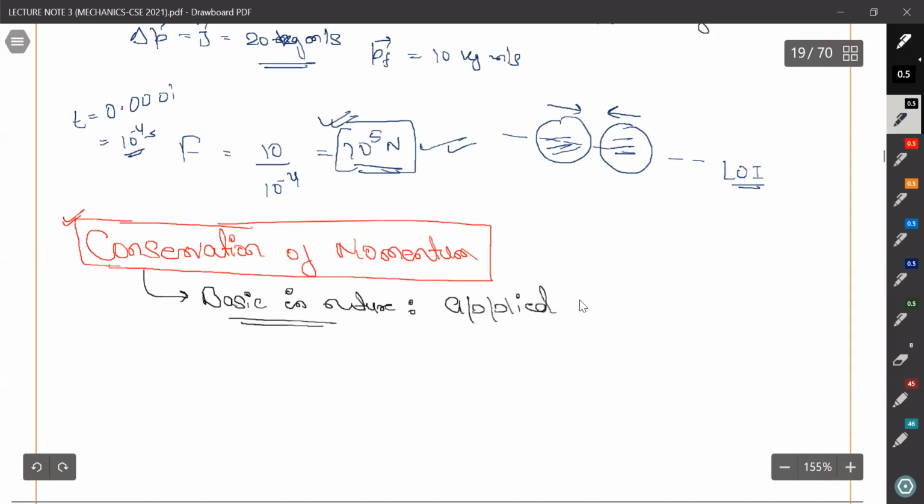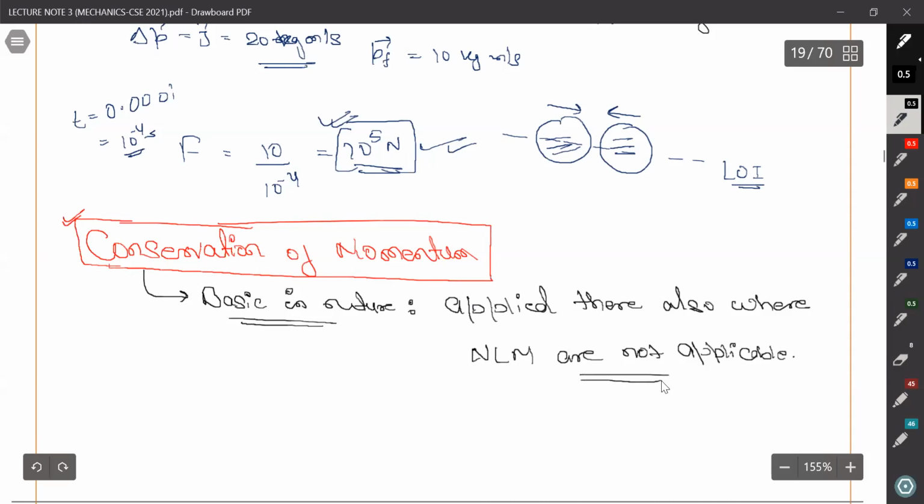So you can write it as applied there also where Newton's laws of motion are not applicable. I will not comment much on this portion. We will see in later modules also.